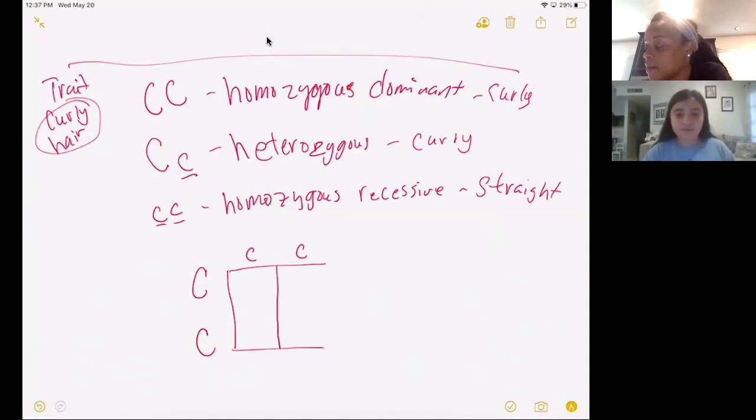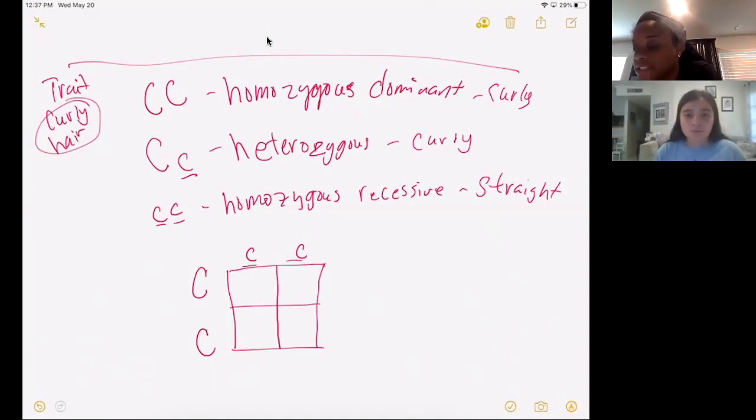So now I'm going to draw my boxes. Now I need to distribute my genotypes. The way you would do that is you bring mom's in.